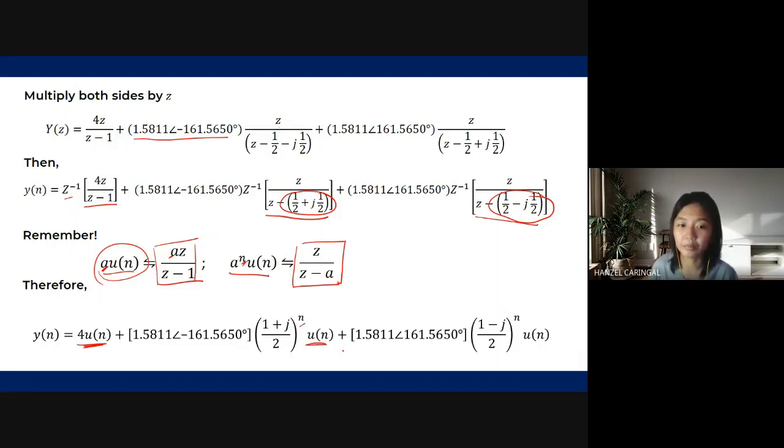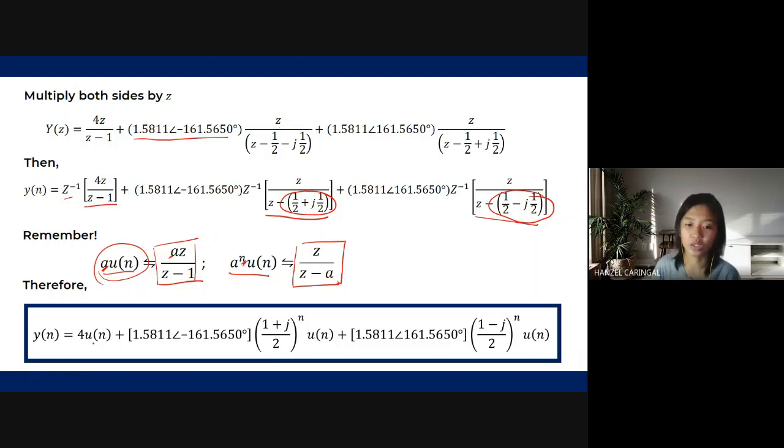Then, another one plus, copy the constant. Then, our a is 1 half minus j 1 half, so it can be written as 1 minus j over 2 raised to n, u of n. Therefore, the inverse z transform of our given function is just equal to this.